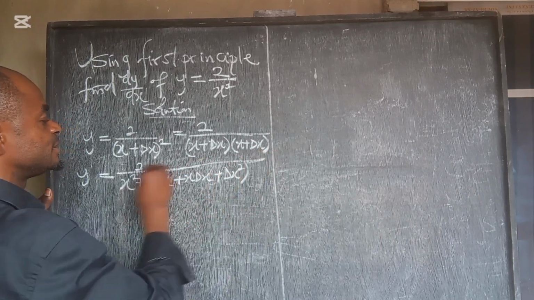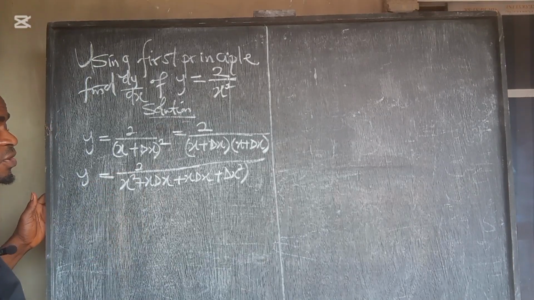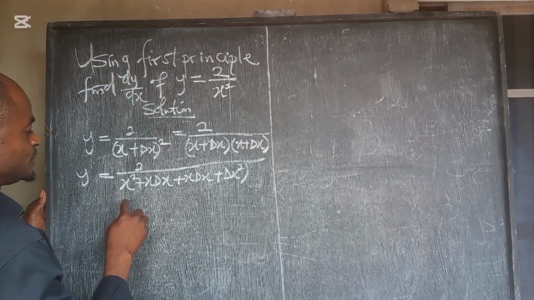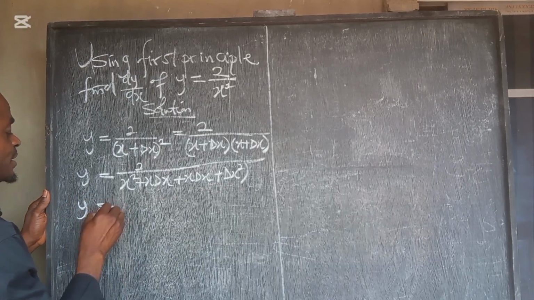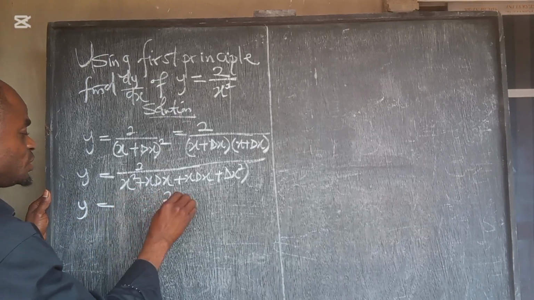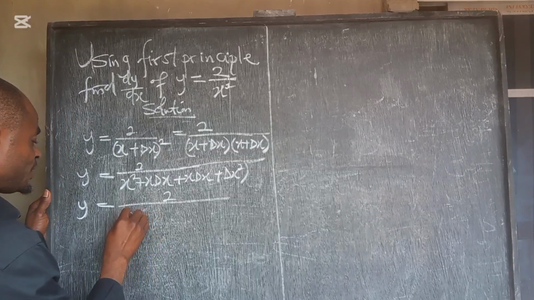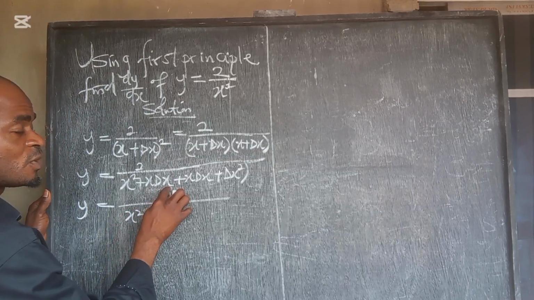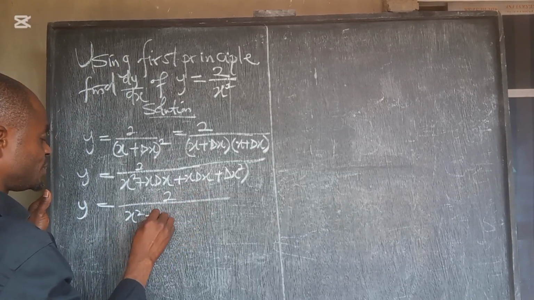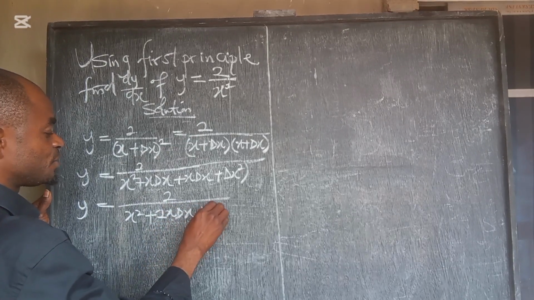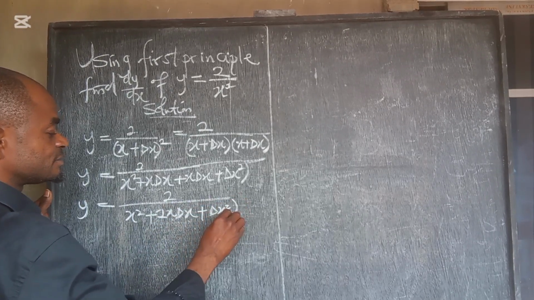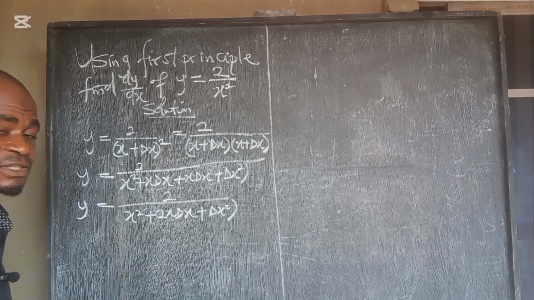Then you bracket it. Don't forget that everything is 2 all over this. At the end of the day, you have y equals 2 all over x squared, plus 2x changing x, everything plus changing x squared.